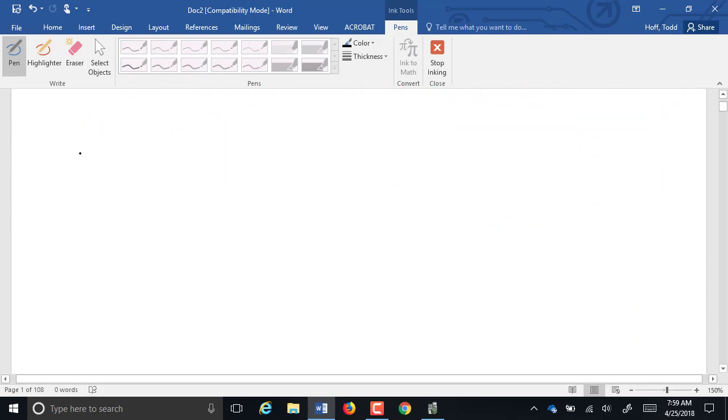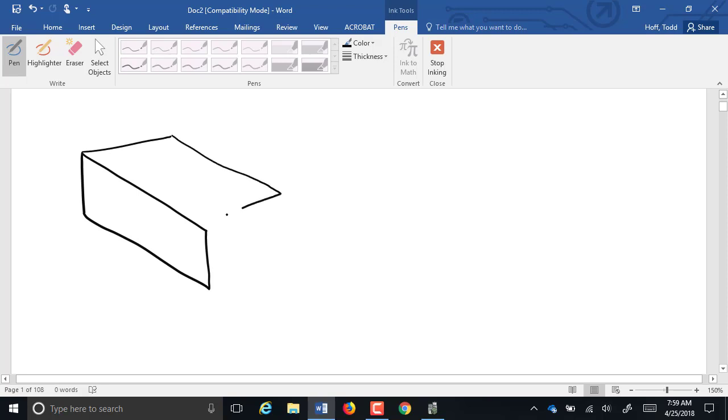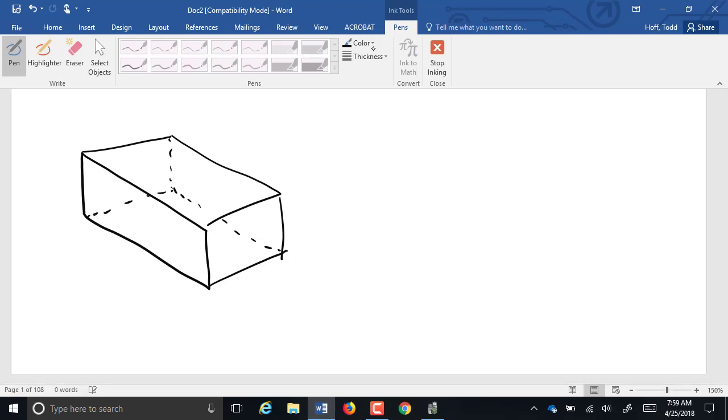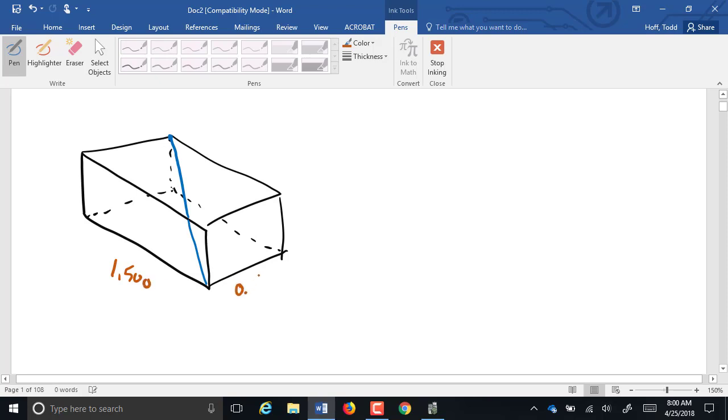But let's say you have a problem like this. I'm just going to draw out the box. I don't know why my box sits at a different angle every time I draw it, but it does. So if I tell you that this here is 1.5 inches, this here is 0.9 inches, and this one I think is 0.75 inches.